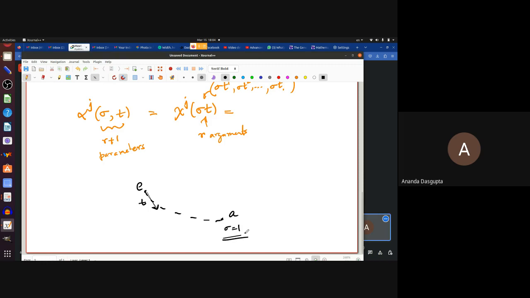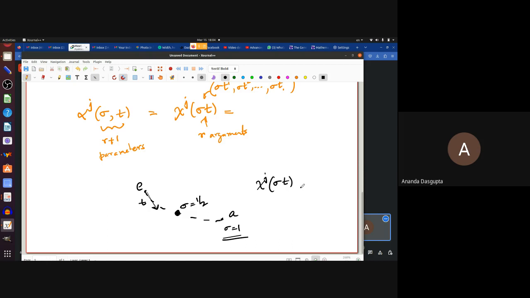Now, of course, the one parameter subgroup has elements which depend on the value of sigma. Let's say for some other sigma, sigma equal to half, it goes to this point. But remember, the coordinates actually depend on this product sigma t.